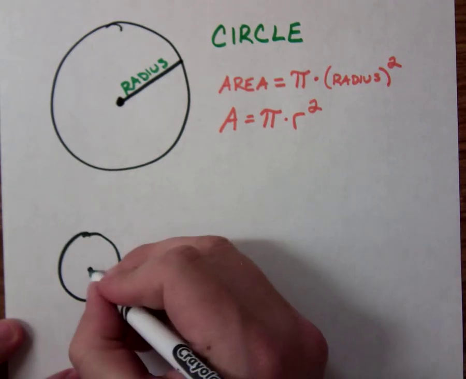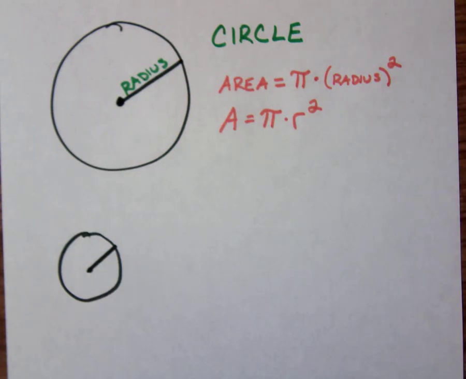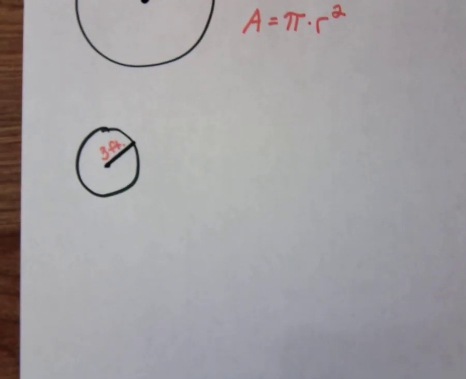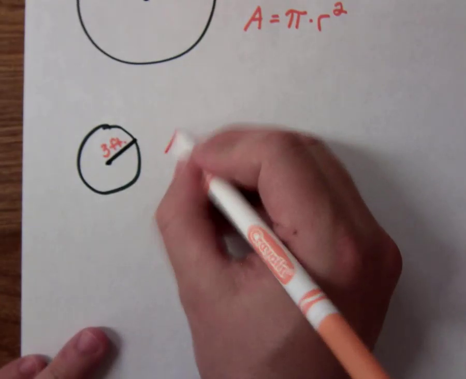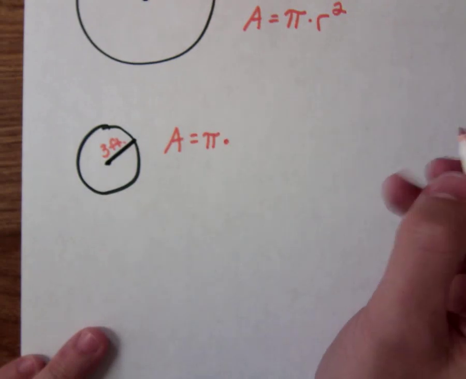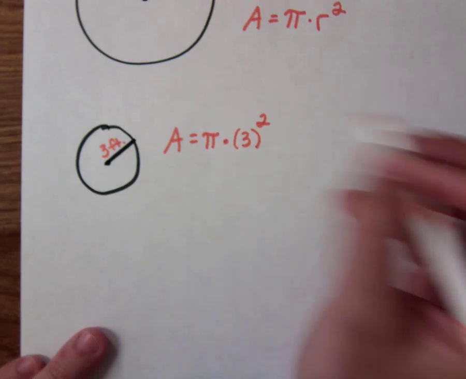So if I just gave you the radius, well, let's just do one. There's a perfectly circular shape right there. Nailed it. Let's say the radius was 3 feet, like that. I would just do pi multiplied by the radius squared. The radius is 3, so 3 squared.